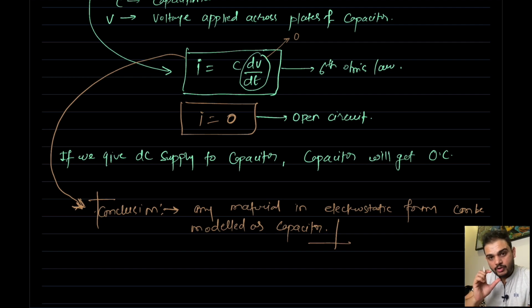First, the original form of Ohm's law is what? My EMF concept, like J is equal to sigma E, psi is equal to Li, and Q is equal to CV. These are my original forms of Ohm's law, and from these I have derived V is equal to IR, V is equal to L di by dt, and I is equal to C dV by dt.